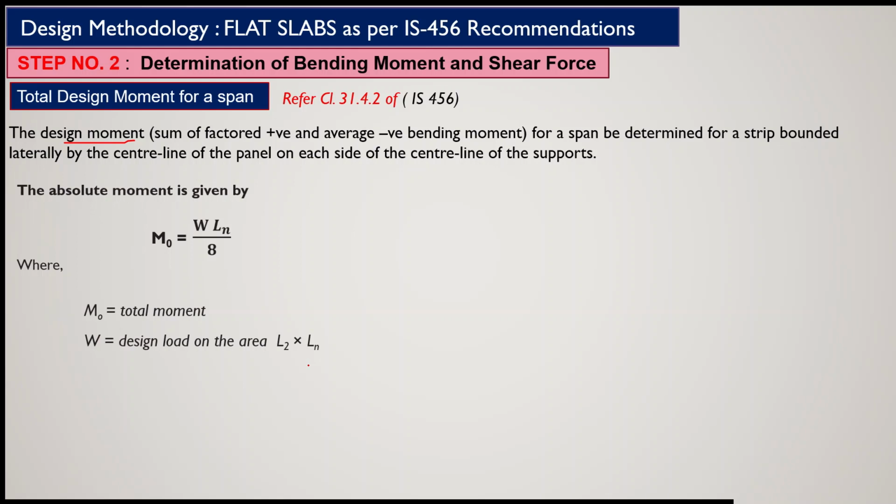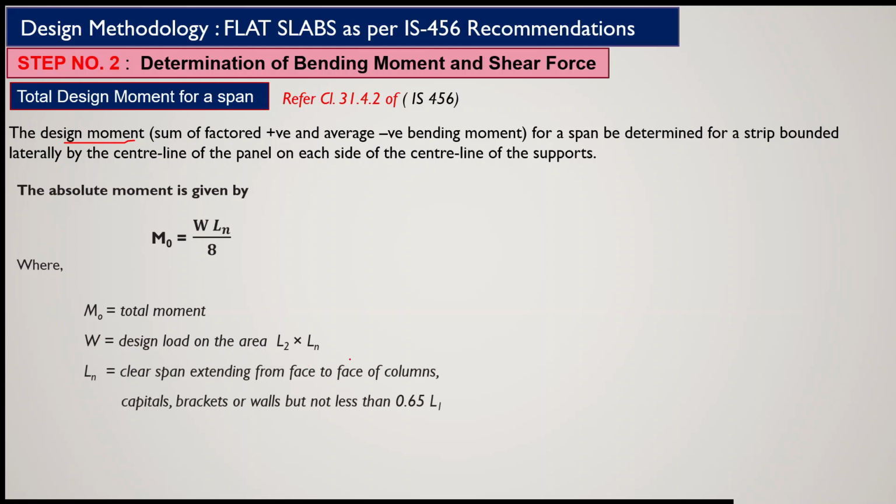Let us try to understand. Now what is Ln here? It is a clear span extending from face to face of column. Later on when we do the design problem, you will be actually able to understand the meaning. So Ln is clear span extending from face to face of column. Now it is not center line to center line of column, it is face to face of column.